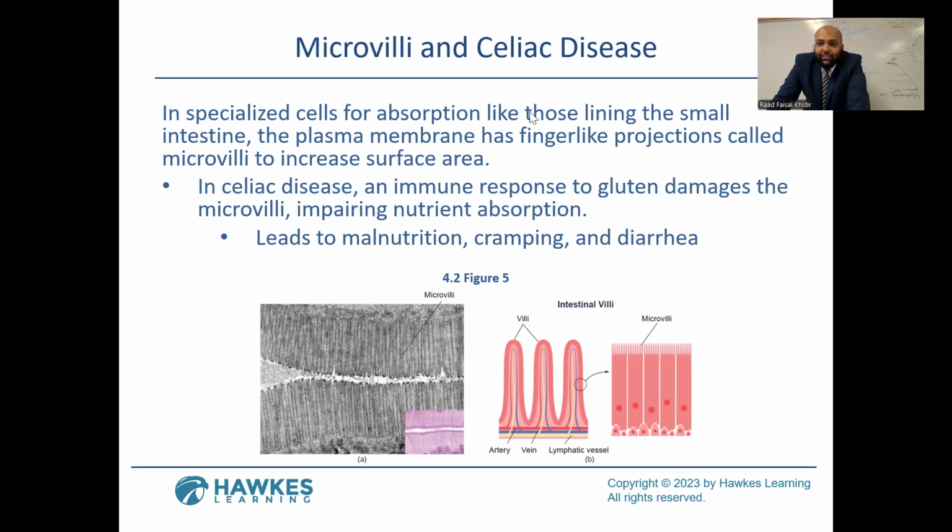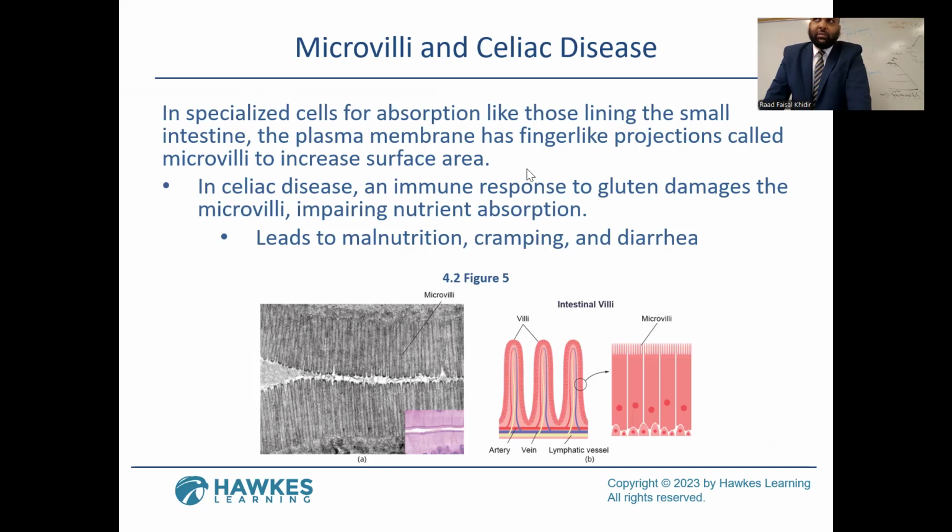The plasma membrane has finger-like projections known as the microvilli to increase the surface area. In celiac disease, an immune response to gluten damages the microvilli, impairing nutrient absorption. That leads to malnutrition, cramping, and diarrhea. That's very important, guys.